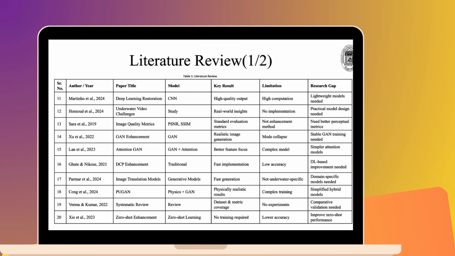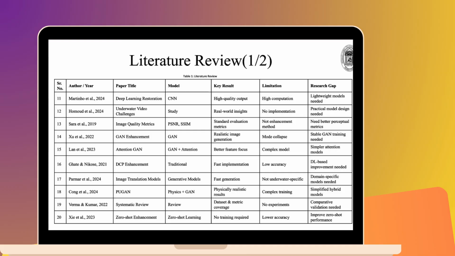Thank you, Omkar. I am Gaurav Lande and I will explain the literature review, research gap, methodology and dataset used in our project. So let's go for the literature review. We reviewed several research papers related to underwater image enhancement. Some important observations from previous work are: CNN and GAN based methods improve contrast and texture restoration.